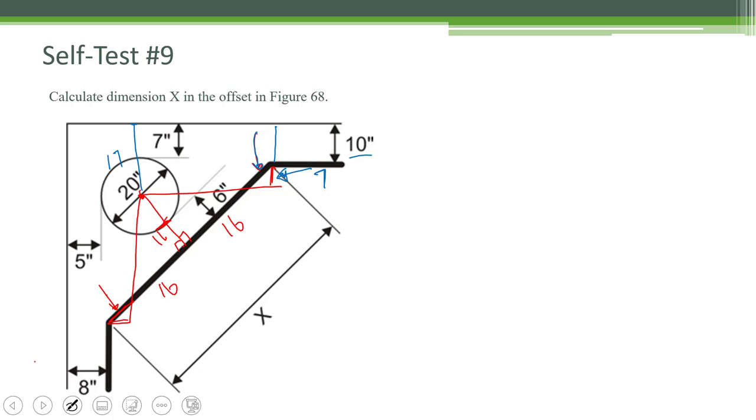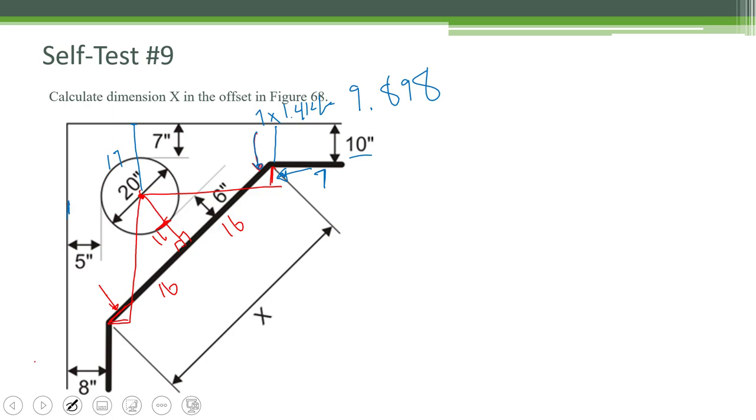7, this would be 7 times 1.414 equals 9.898. 9.898, yep. And this one over here would be 5 plus 10, which is 15.